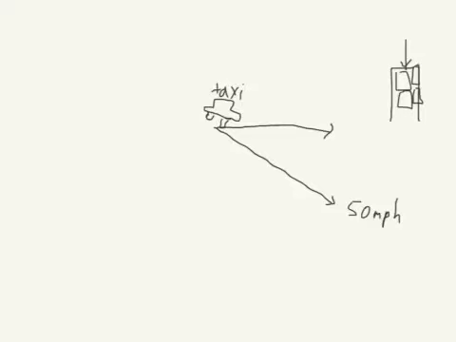So I guess here would be the x component of the velocity. So this Vx is what we're really interested in. And the 50 miles an hour that the taxi is actually going is our overall velocity.